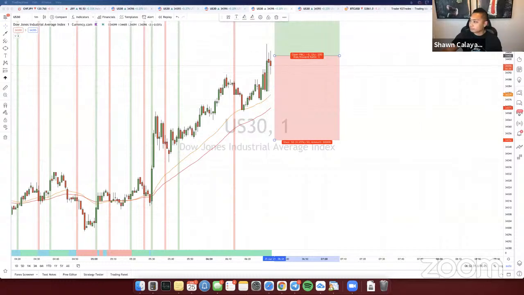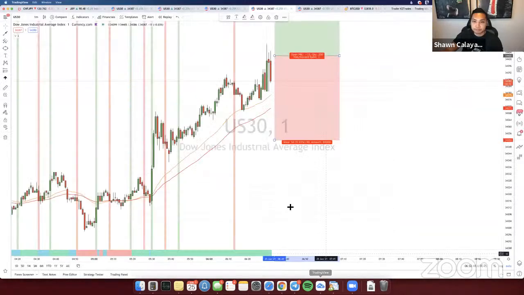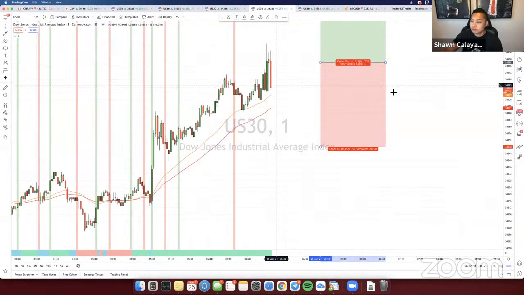It hasn't come up yet. Yeah, it looks like a buy, but we need a bullish signal to confirm the entry.